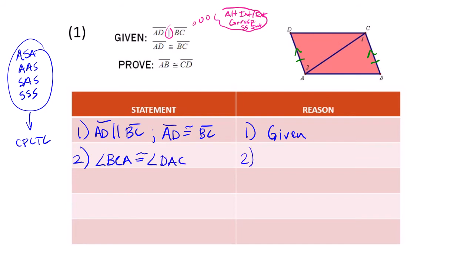All right, and I'm going to say alternate interior angles theorem. And remember, I want you to start getting away from using theorem 3-2 or whatever that is, because I want you to first of all know what the theorems are called, or kind of what the meaning behind them is, and also to get used to using that as opposed to some arbitrary numbering system, right? That works in our book, but it might not be the same in the next textbook that you use, or the next professor or teacher that you have might have a different system.